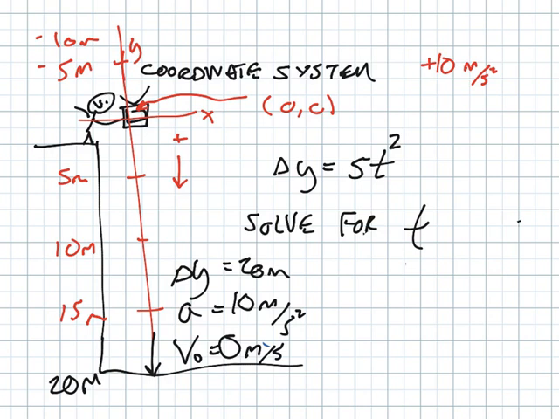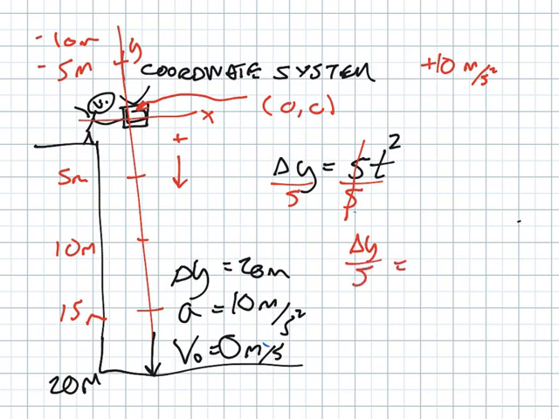Now, solving for t. How do we do that? You apply the rules of order when you're undoing an equation. The first thing you do is divide both sides by 5. So that 5 turns into 1, and I have delta y divided by 5 is equal to t squared.